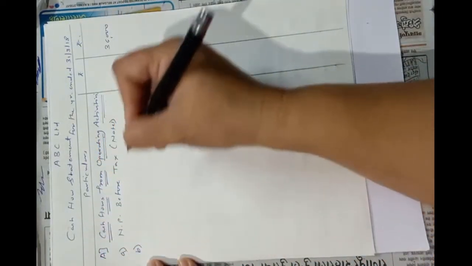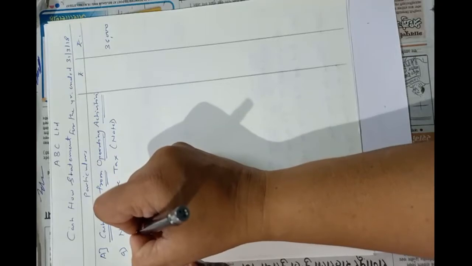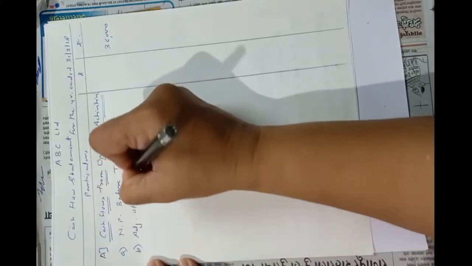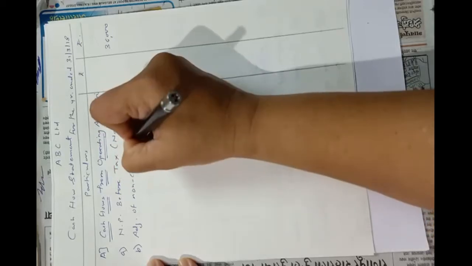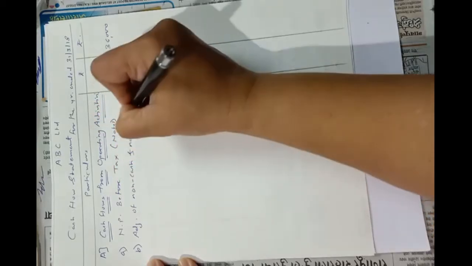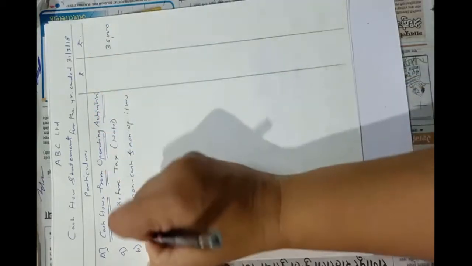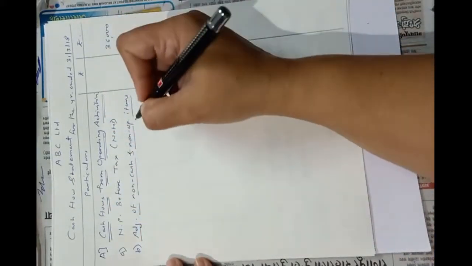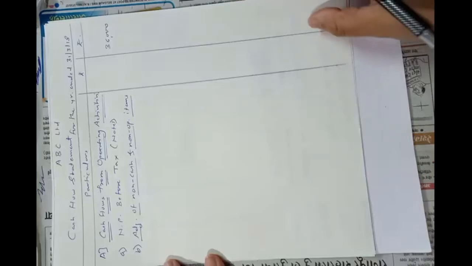Now B point will be adjustment of non-cash and non-operating items. Now see in the problem, just now we know that there is depreciation on machinery in the problem.